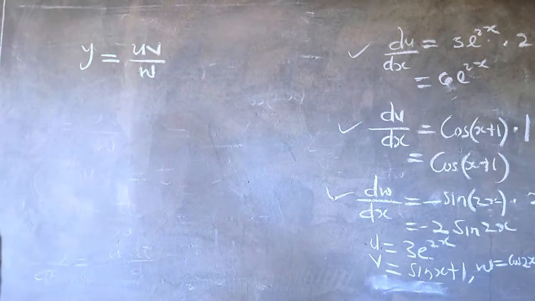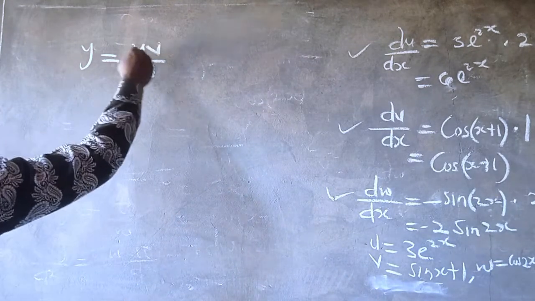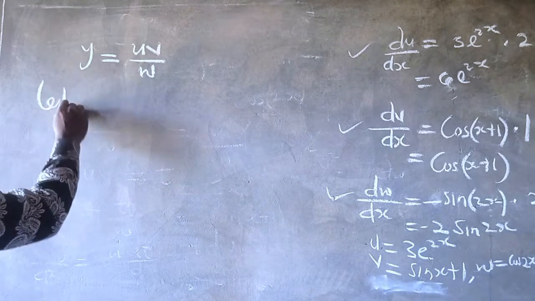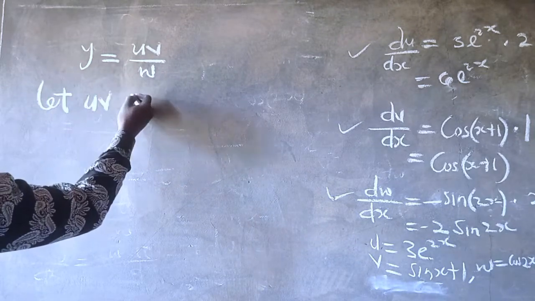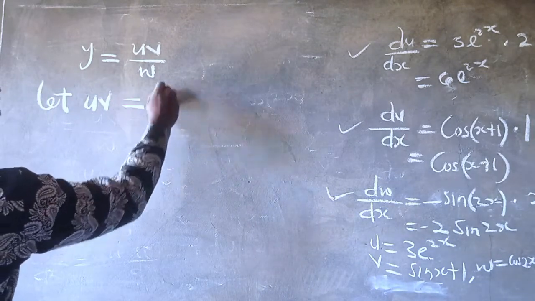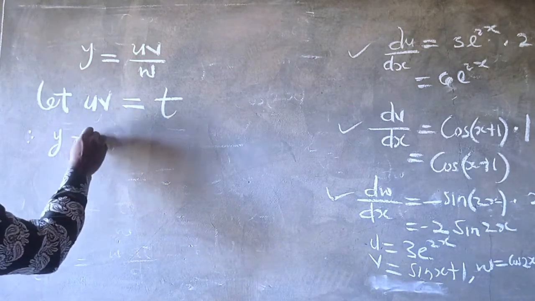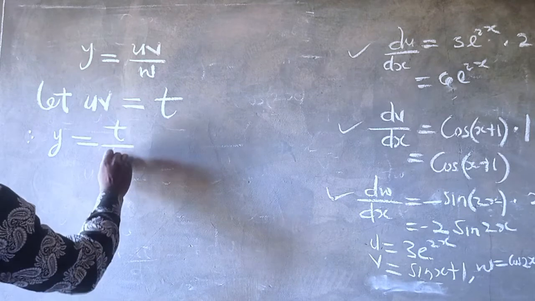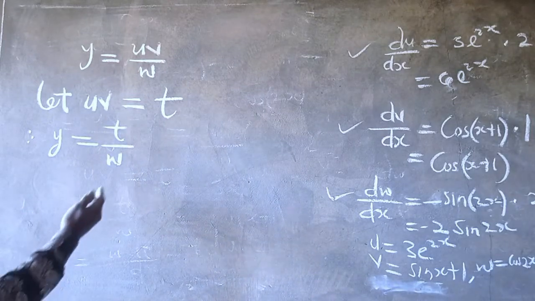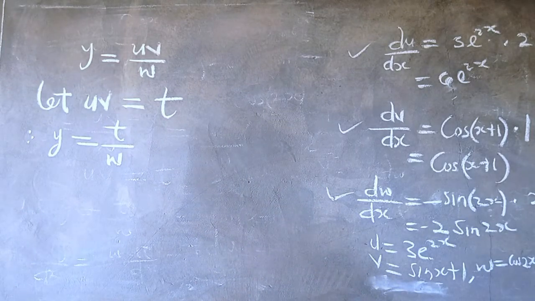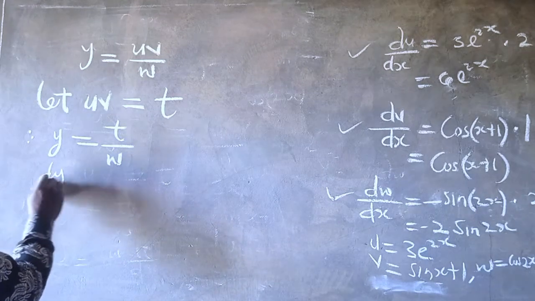So our y is uv over w. You see this numerator, let us put it together as a single term. So let our uv be t, such that our y would simply be t over w, and then we can use the quotient rule to solve the problem.